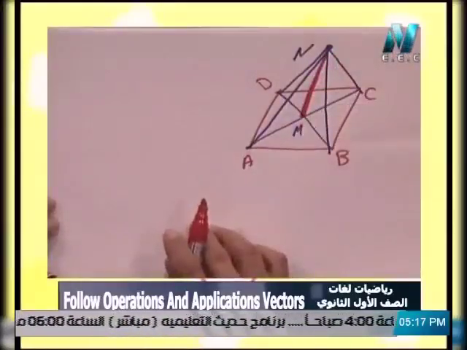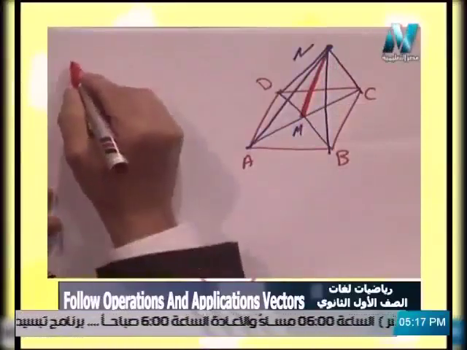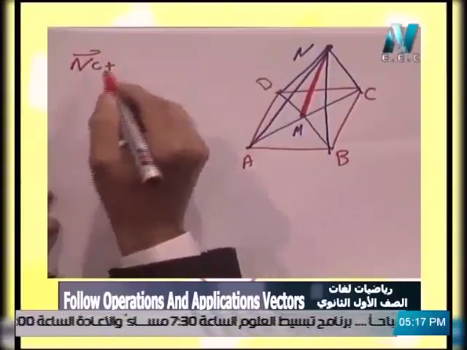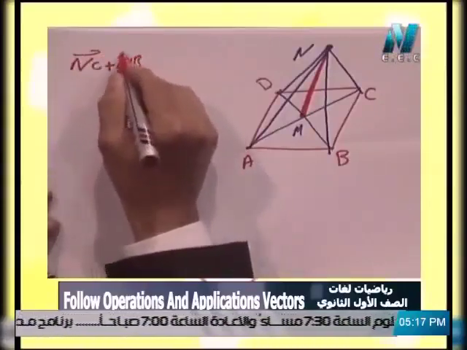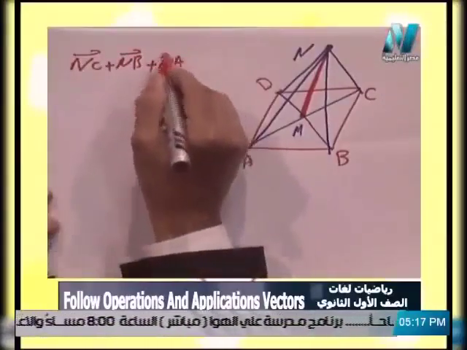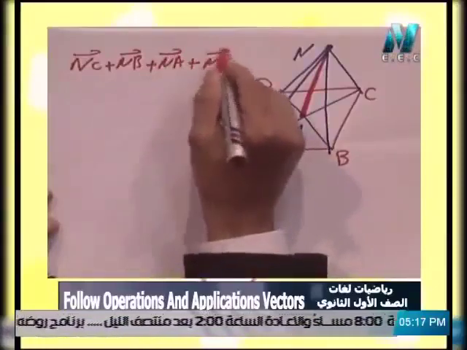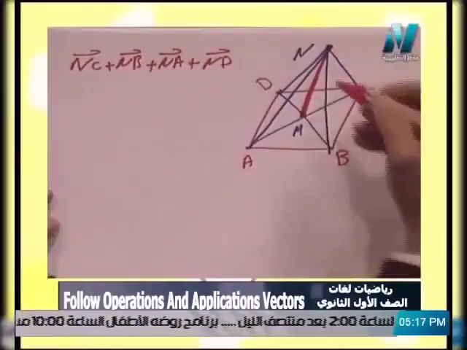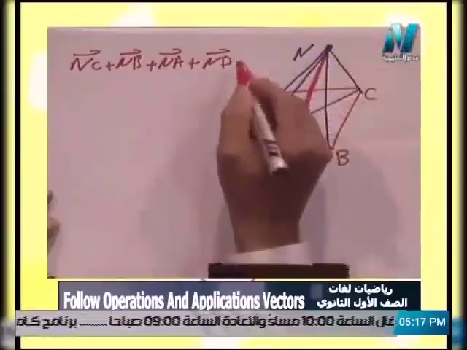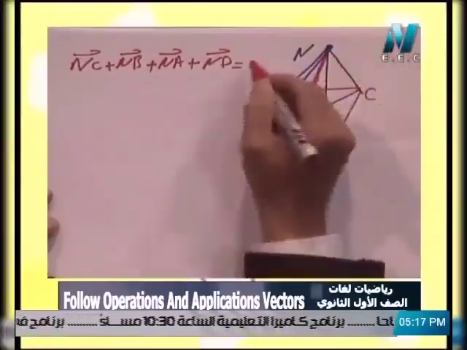The request is to prove that the vector NC plus the vector NB plus the vector NA plus the vector ND, all these vectors from N, NC plus NB plus NA plus ND equals 4 times the vector NM.